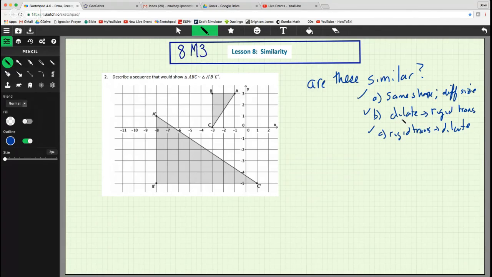Well, let's just do a rigid transformation. We could even do a rigid transformation and then a dilation, and then a rigid transformation if we have to. We can keep doing these as long as we can do one or more in any order.